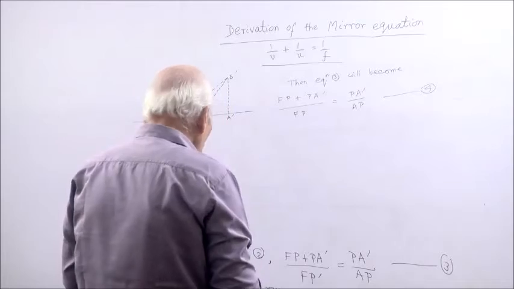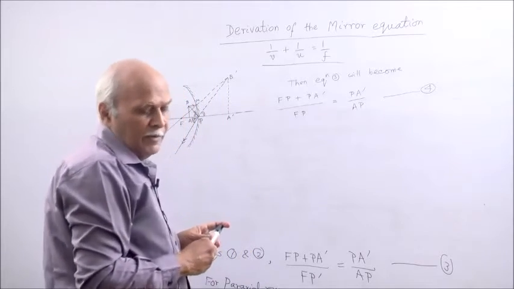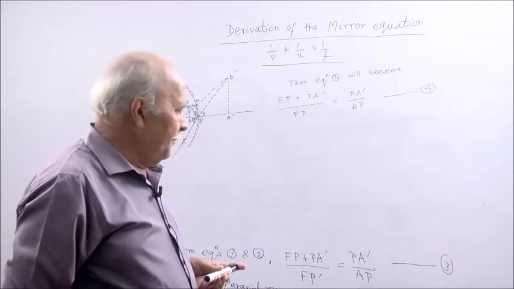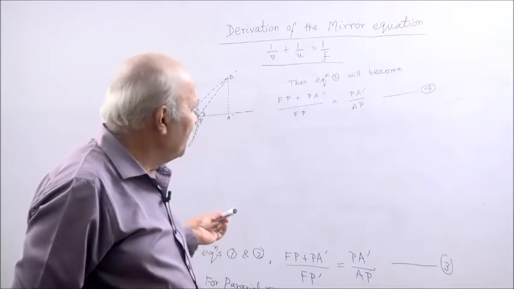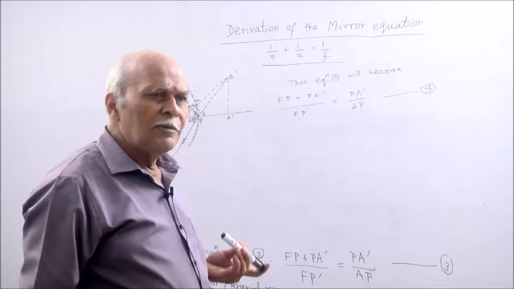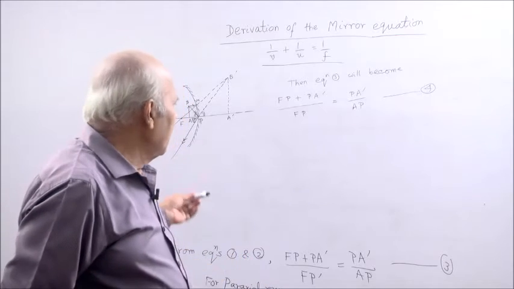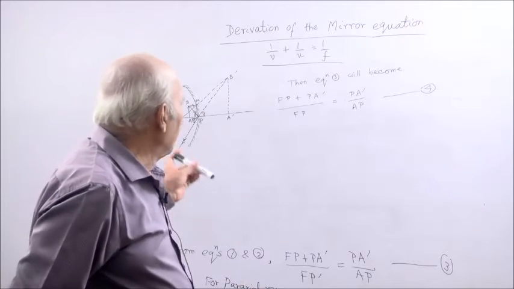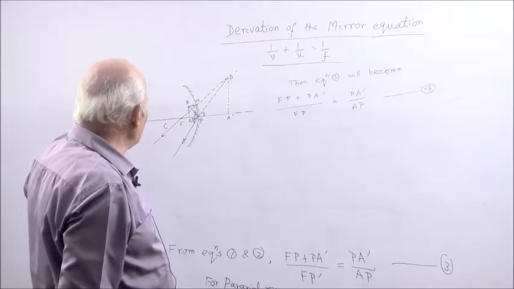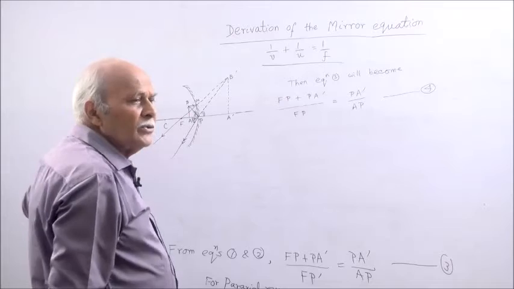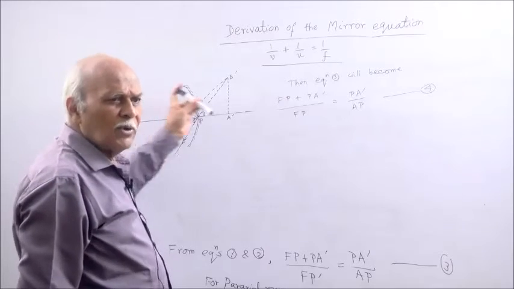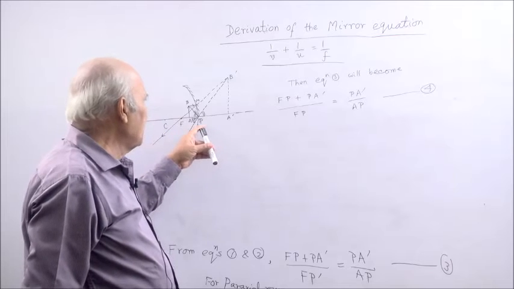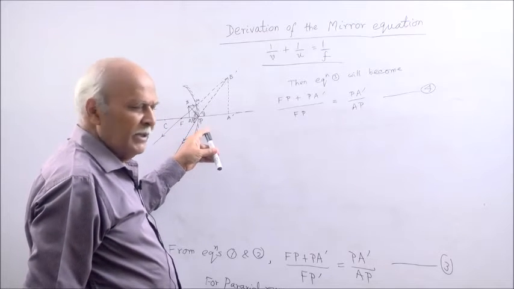So, now we will apply the sign convention. As you know from school, sign conventions differ from book to book, but the ultimate result is the same. Here the sign convention taken by NCERT is that the object must be to the left of the mirror, so that rays approach from left to right, and all measurements are made from the pole of the mirror.